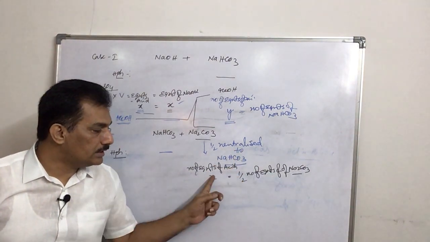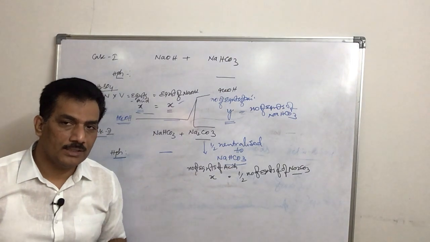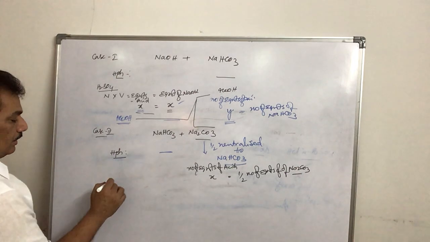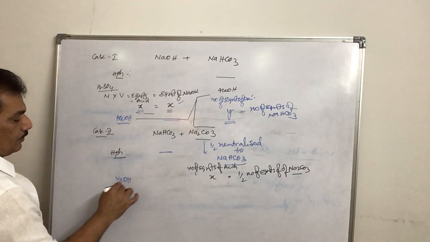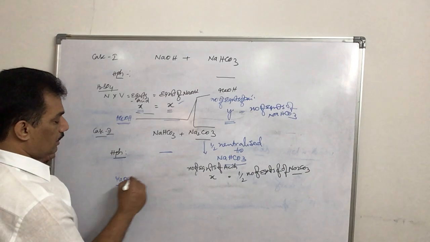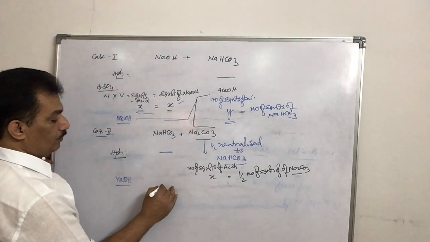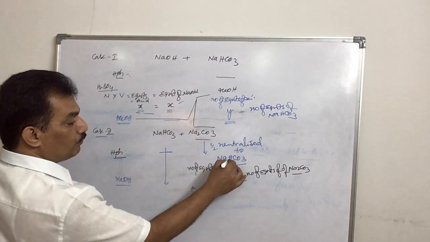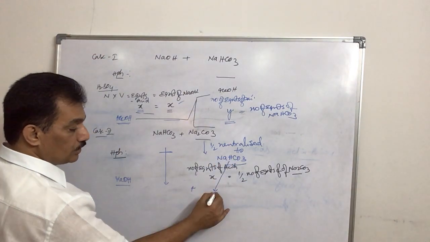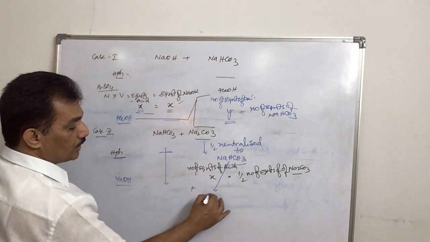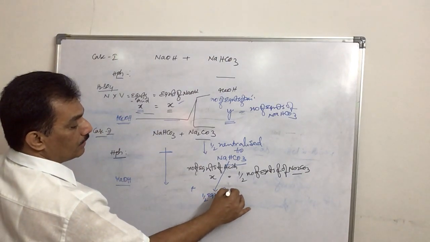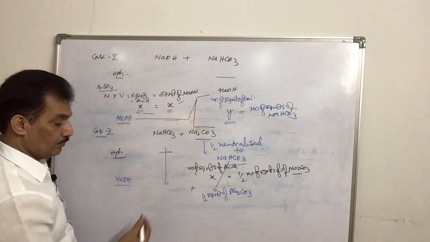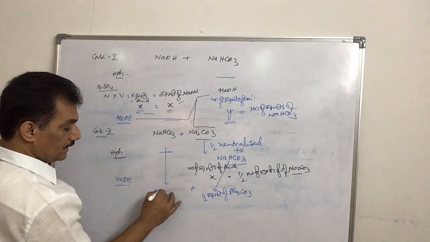So X is half the number of equivalent weights of Na2CO3. Clear? Now in the presence of methyl orange, the existing NaHCO3 plus the formed NaHCO3, that is the half of Na2CO3 which has now appeared in the form of NaHCO3, are both neutralized.